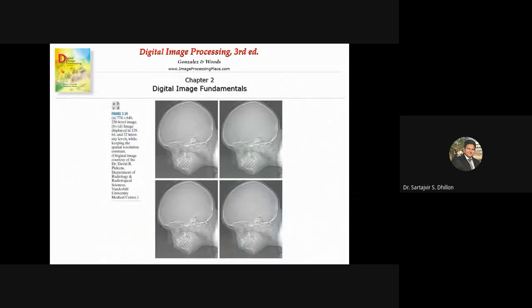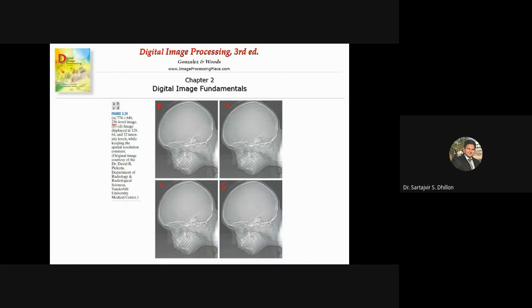Here you can very easily see, if it is clear to you, that figure A is the acquired data, an 8-bit image, and this one is a 7-bit image, this one is a 6-bit image, and this one is a 5-bit image.